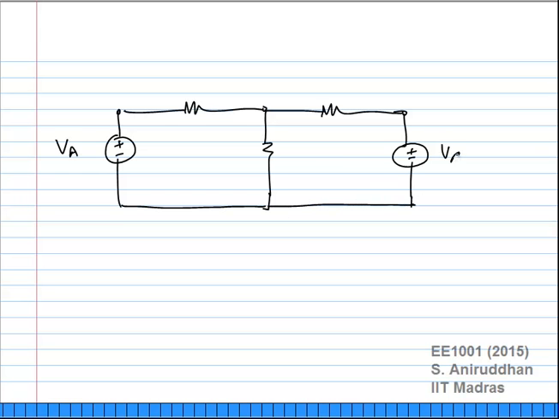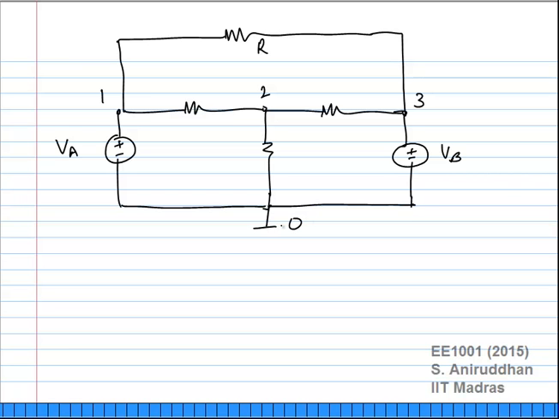So let us go back to our circuit. I name these three nodes 1, 2, 3. This is 0. So I have resistors R12, R23, R13, R22. I'm going to define loop currents.